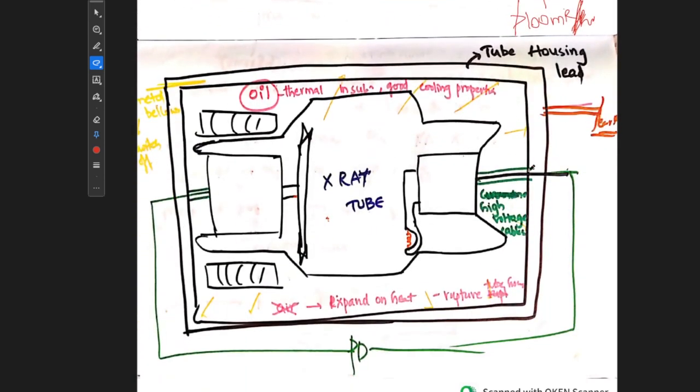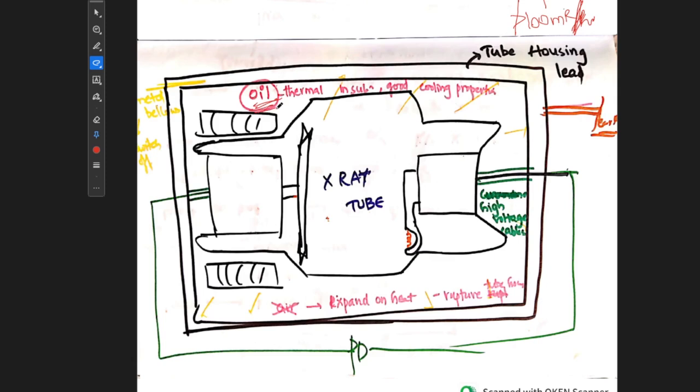Leakage radiation is prevented by the tube housing. It is a big lead container, and the X-ray tube is placed in this lead container. This lead container is called the tube housing. The space between the X-ray tube and the lead tube housing is filled with oil.